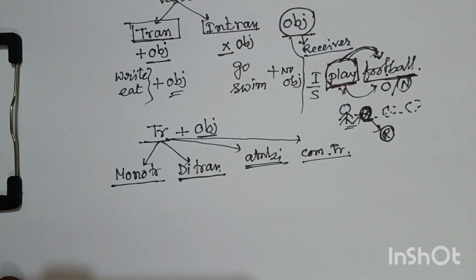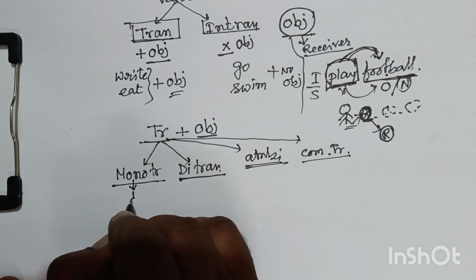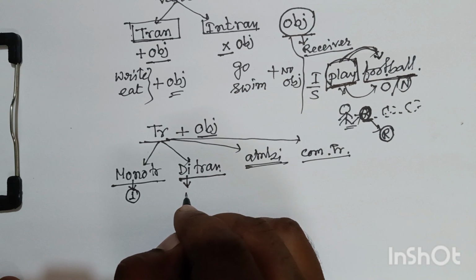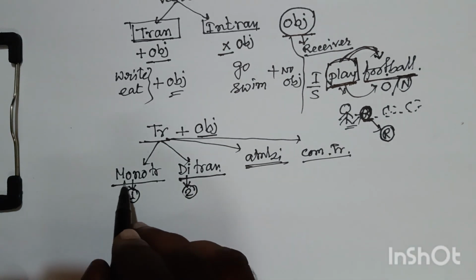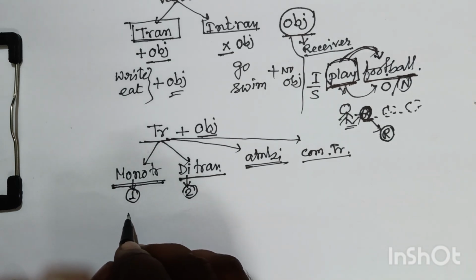Friends, you know, mono means one and di means two. It means if the verb is monotransitive, we need one object.